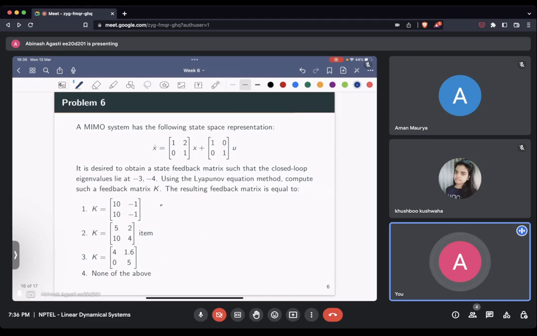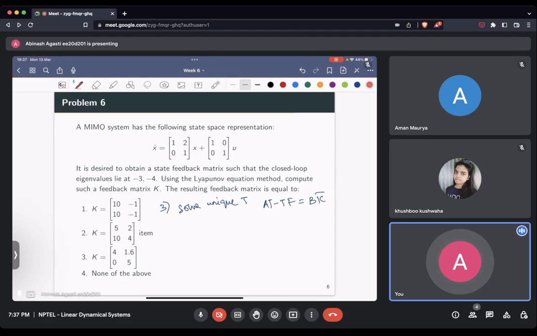So we took K bar. Now the third step is to solve for unique T in this equation: A T minus T F is equal to B K bar.